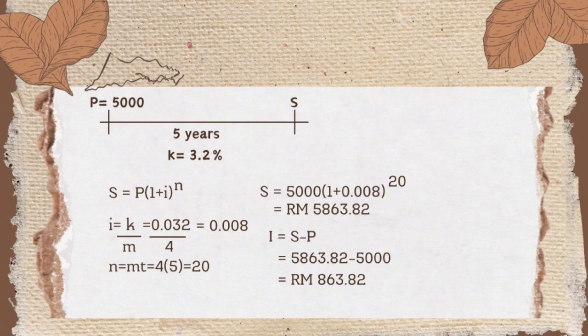K equals 3.2%. For the formula, S equals P open bracket 1 plus I close bracket power N. For step 1, I equals K per M equals 0.032 per 4 equals 0.008.